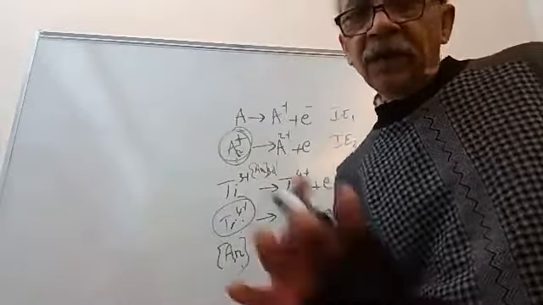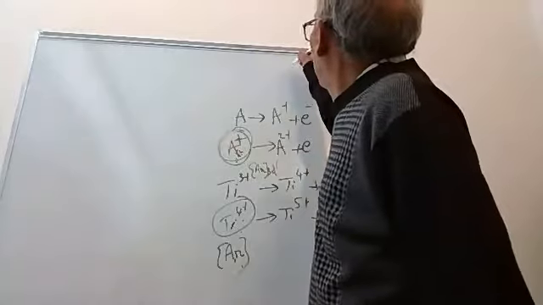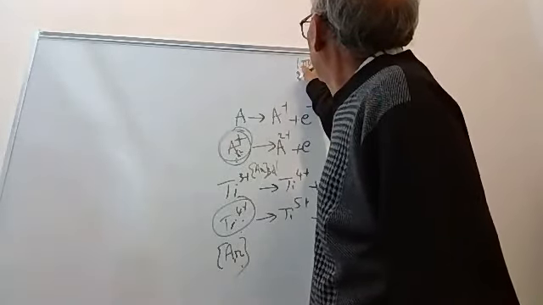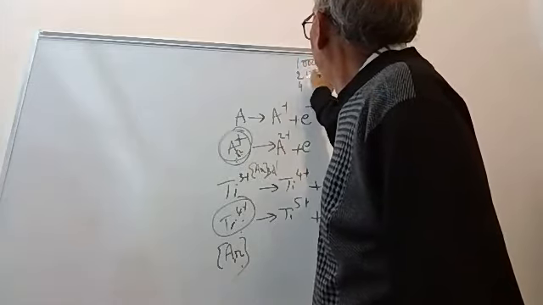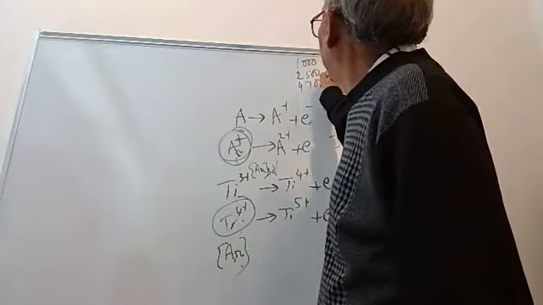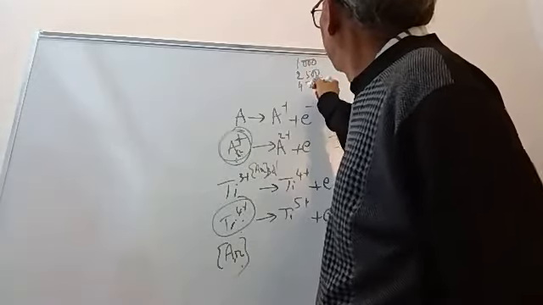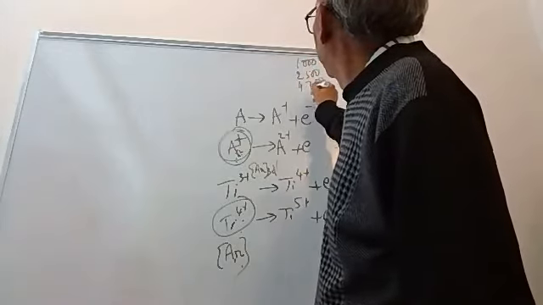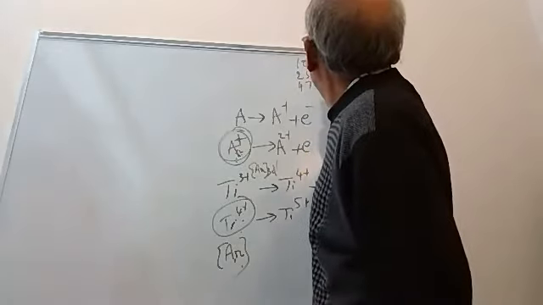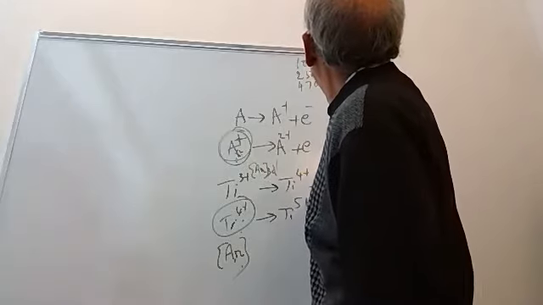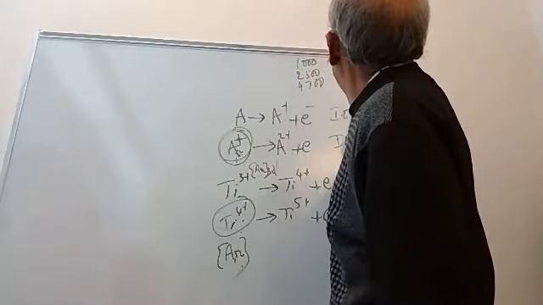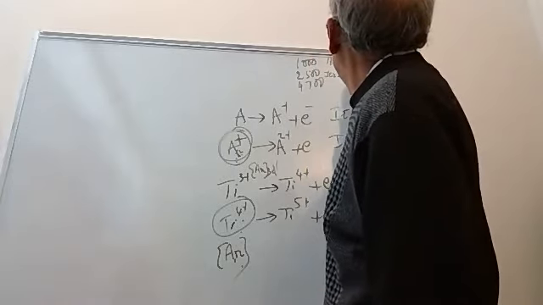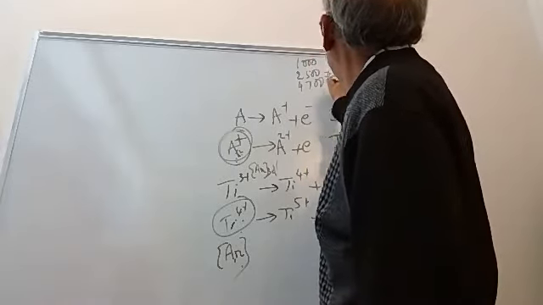Just to give you, for the sake of argument, for titanium, IE1 is let's say 1,000, IE2 is 2,500, IE3 is 4,700. IE1 is titanium going to titanium 1 plus plus an electron. IE2 is titanium 1 plus to titanium 2 plus plus an electron.